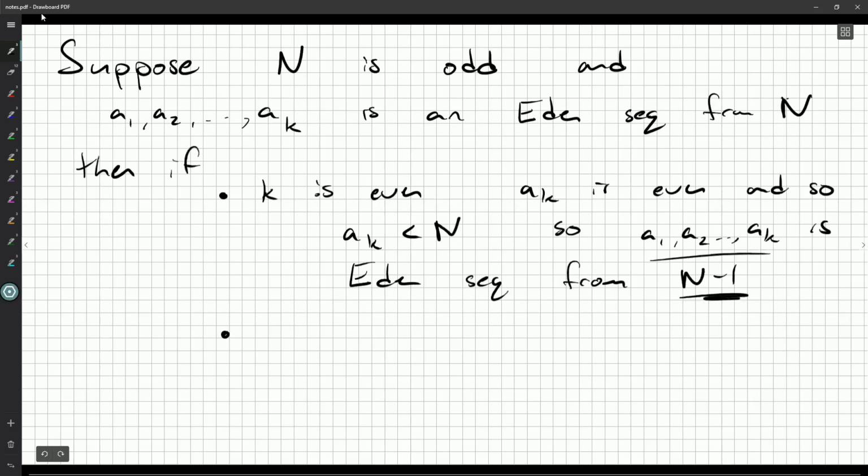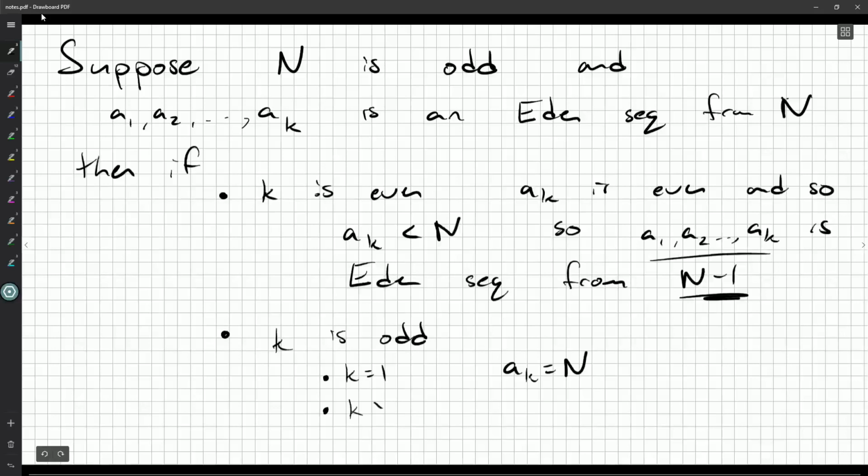So then if k is odd, we have some more possibilities. So k could be 1, and then AK being equal to n would be interesting.